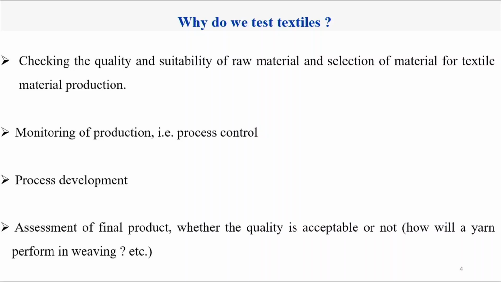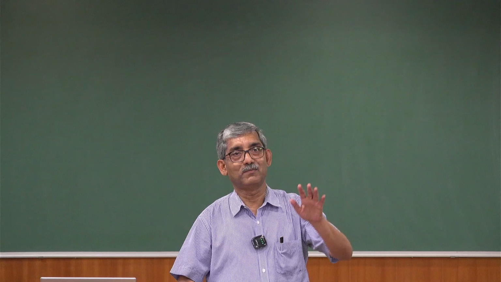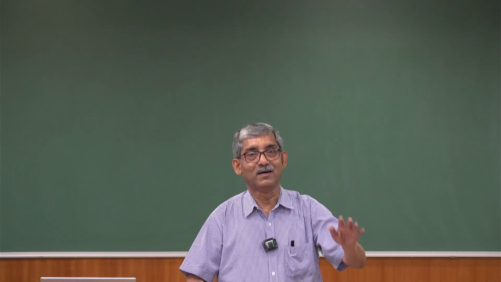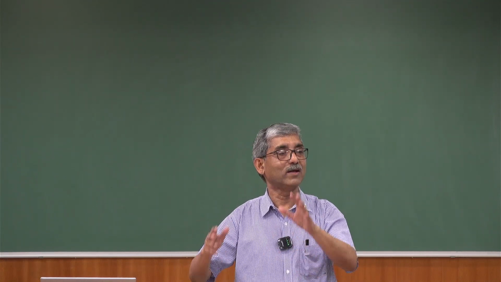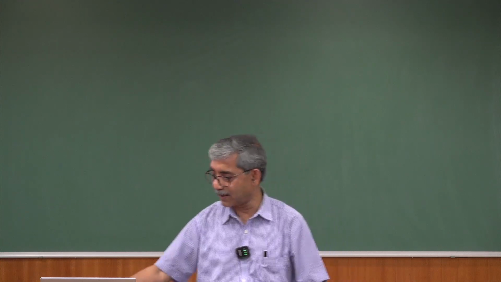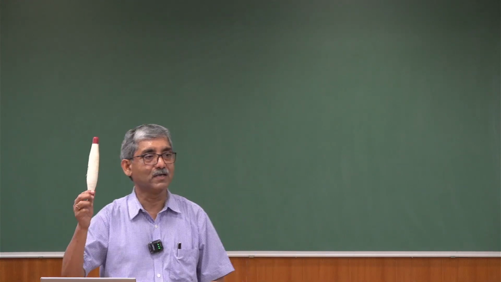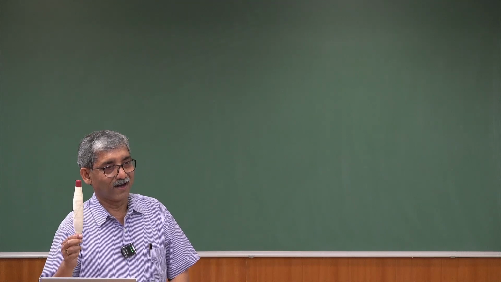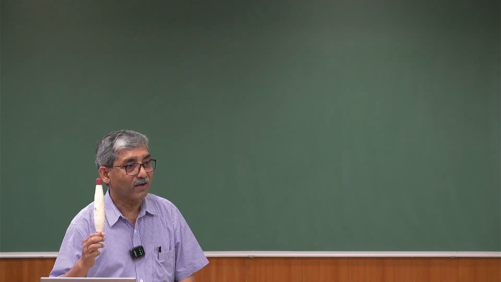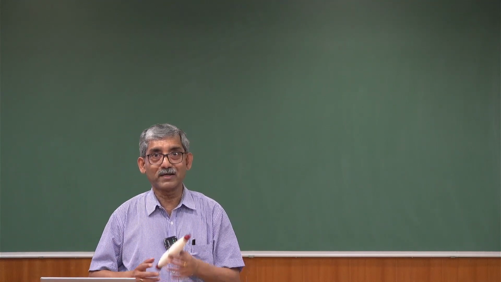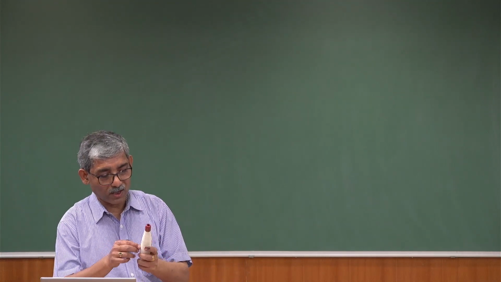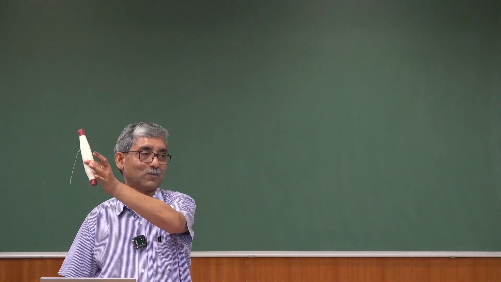Next is the assessment of the final product. We have done process development, we have monitored the production, we have done process control, statistical quality control, everything. Finally we have got this product. Now how are we going to be sure that this product is suitable for the customer?